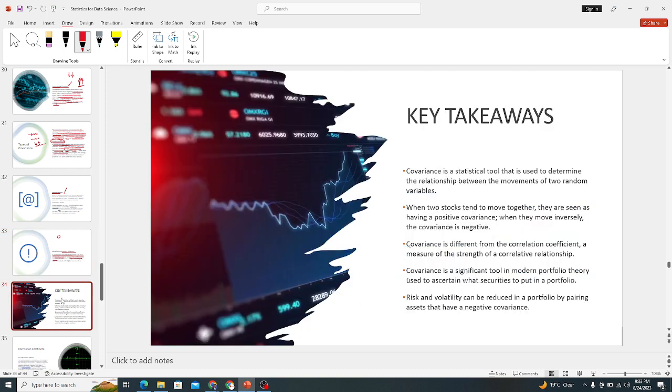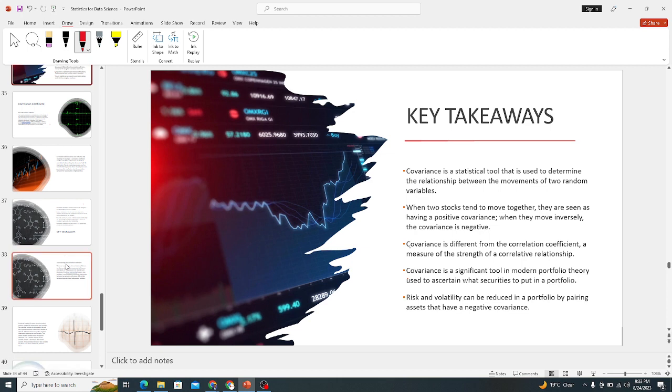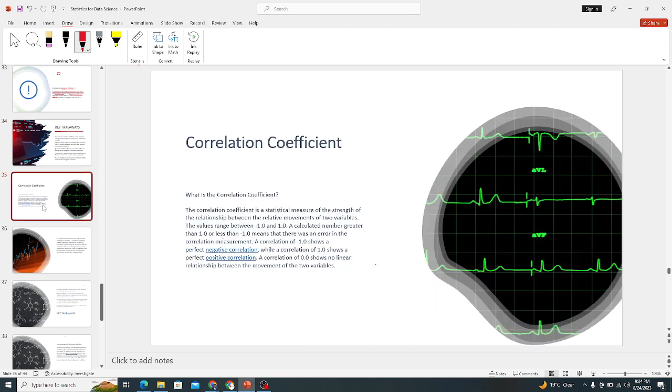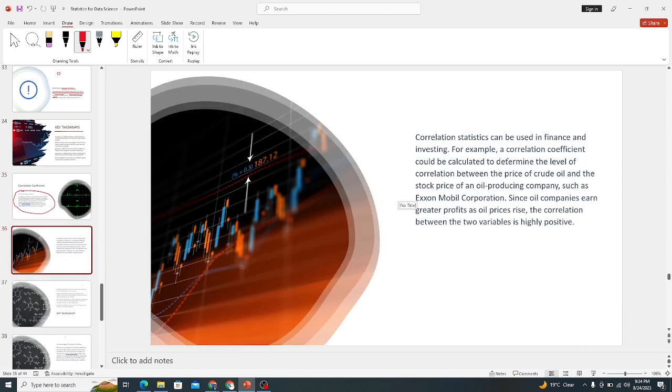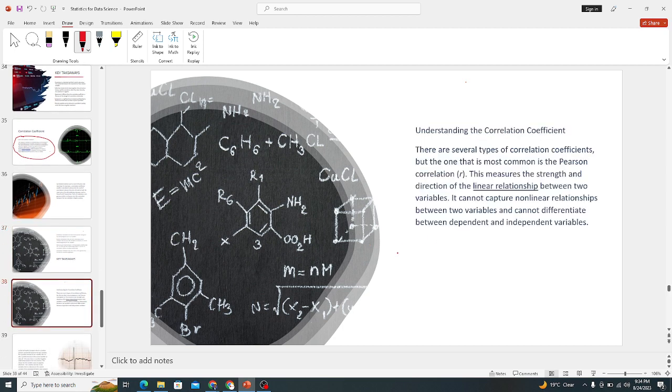Okay, then we have the takeaways. I just want us to go through the takeaways, and then we can finish with correlation. But I'll just cover this first slide, and this second slide I will explain in the next class, before we start the practicals. Why? Because I don't want to rush in the name of completing the content.